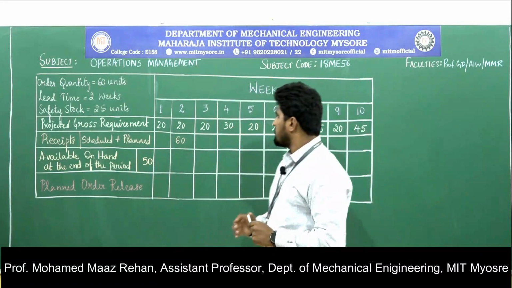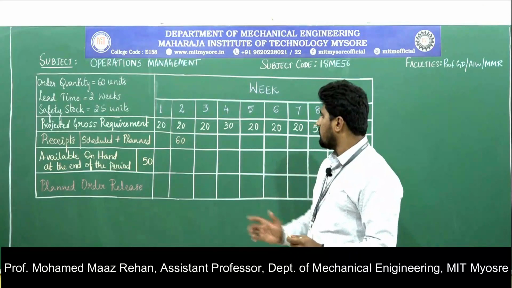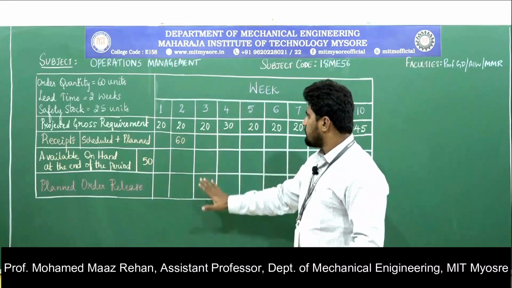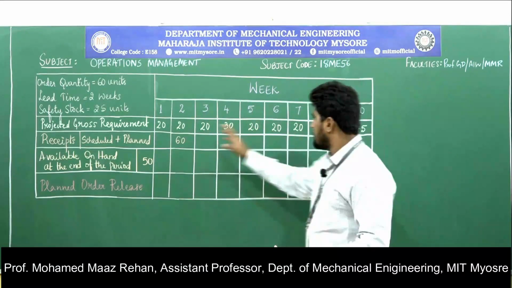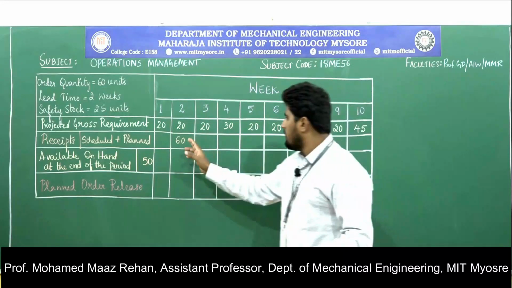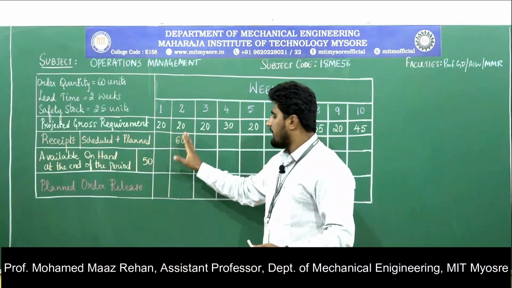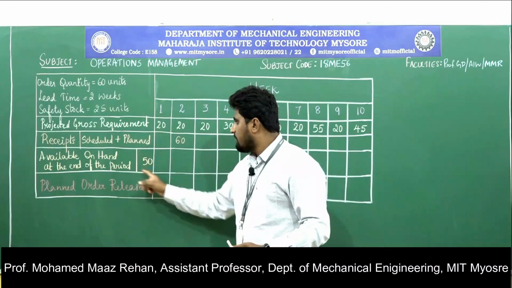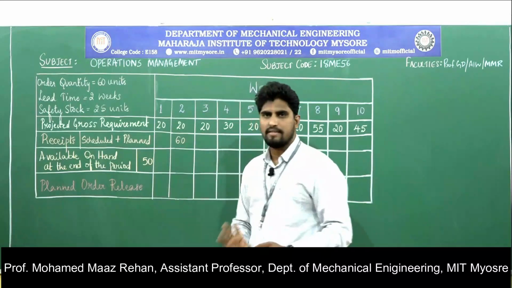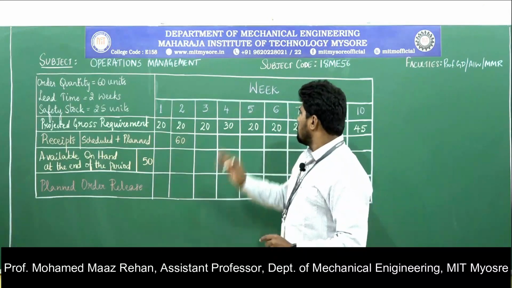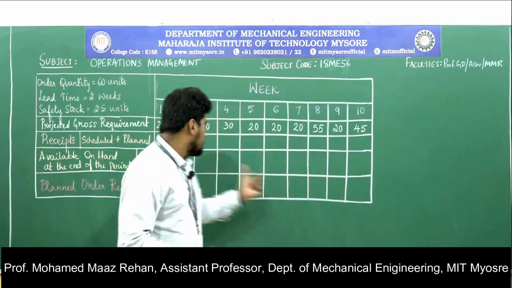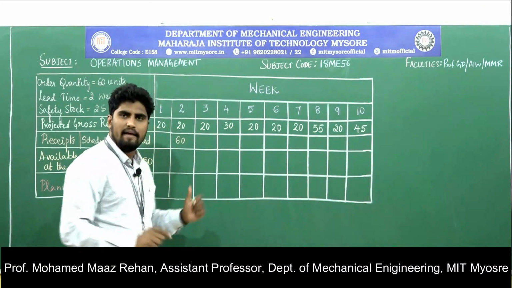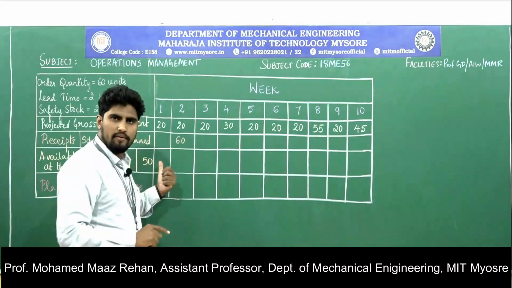Okay, so how to proceed with this type of problem? They have given up to 10 weeks and the respective demands, the receipts, and the availability on hand as 50. So how are you going to proceed? On hand you have 50 units.